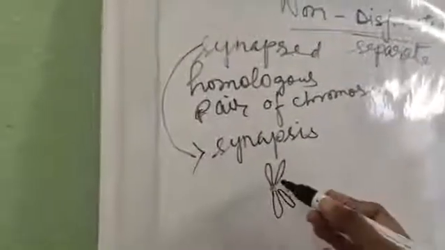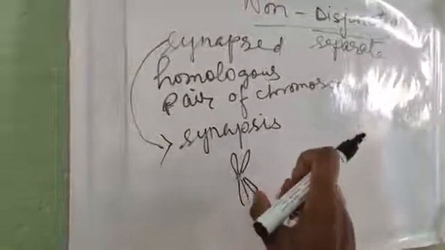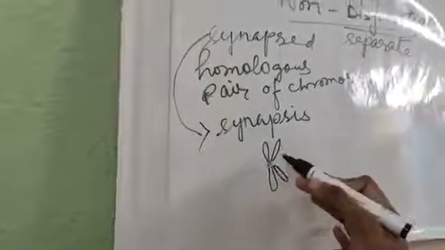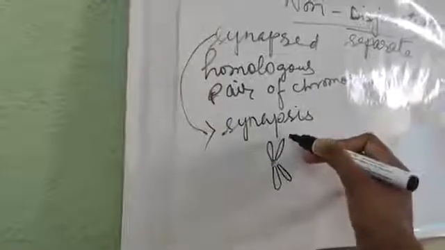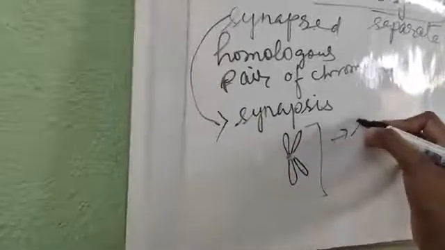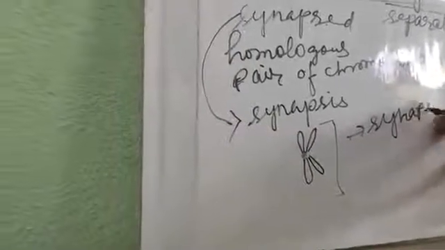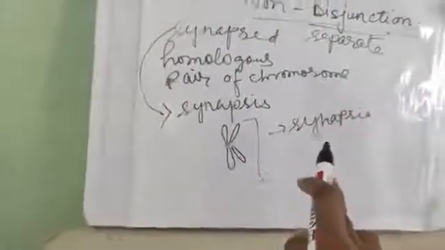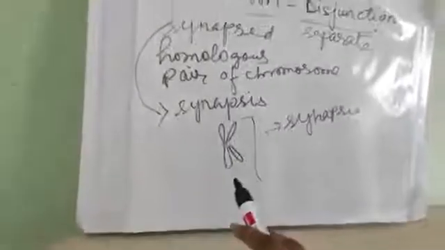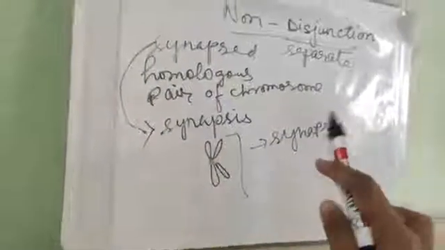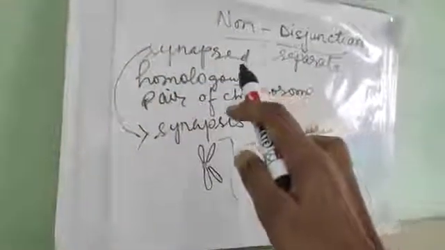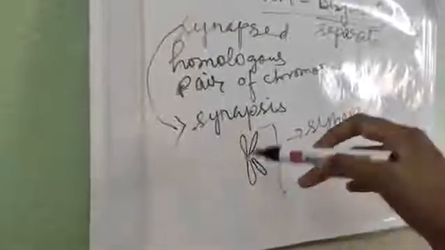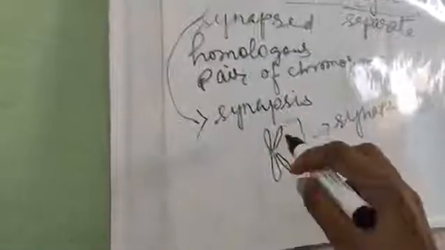So this combination of two chromosomes, these two are homologous chromosomes, connected by a single centromere. This process is termed as synapsis. That means two homologous chromosomes joined by this single centromere. This is called synapsis, and these homologous chromosomes who have taken part in the synapsis are termed as the synapsed homologous chromosomes.